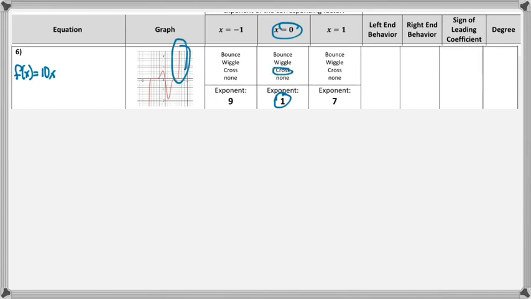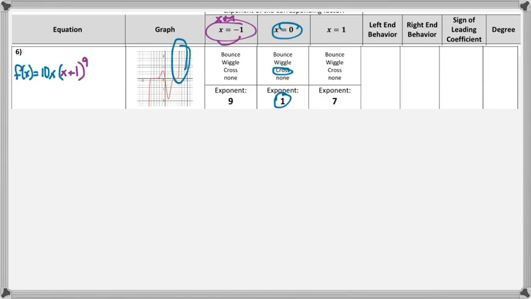And that's a 1, so that's a cross. Then we're going to do our x minus 1, and that's going to be x minus 1 whenever we move it over. Remember that became x plus 1, and that has an exponent of 9.